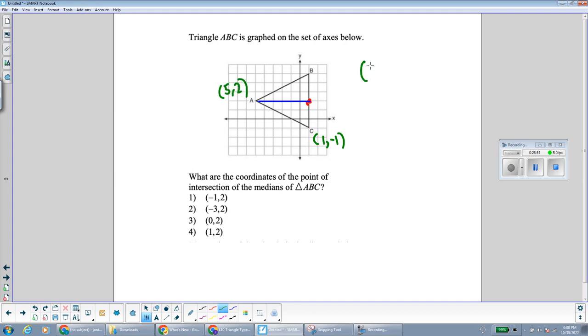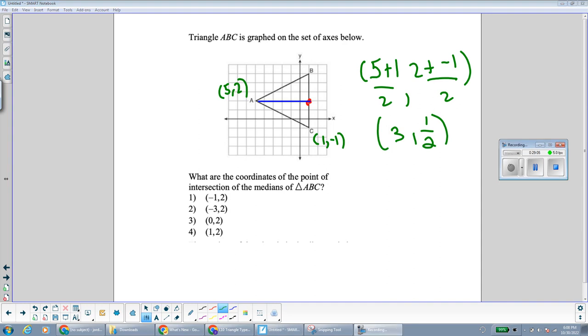Quickly using midpoint formula: -5 plus 1 is -4, over 2 is -2. And this doesn't change, it's still 1/2. So I have -2 and then halfway between that, so -2 and then 1/2.